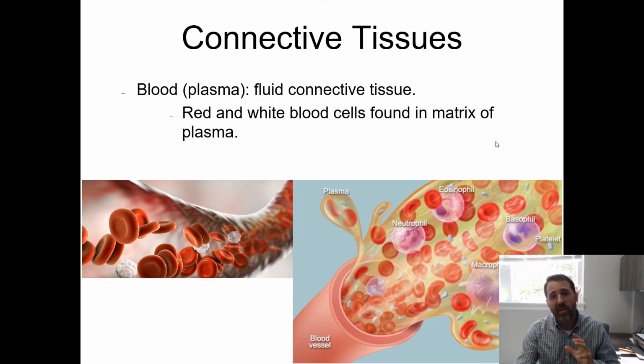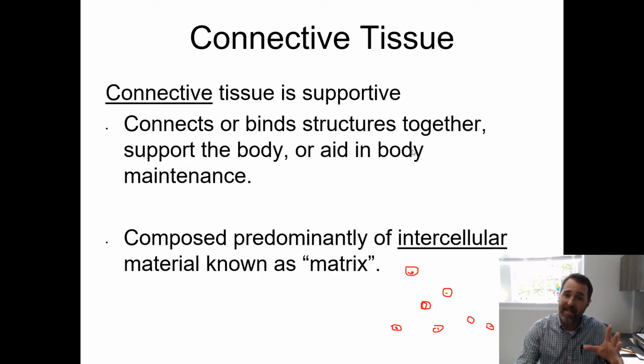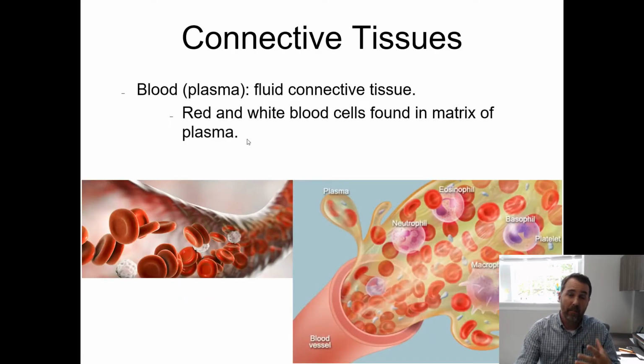Also, we think about blood as being a connective tissue. That sounds counterintuitive, but blood helps the body maintain itself. So here under the definition of connective tissue, or aid in body maintenance. And blood certainly aids in the maintenance of your body. Your body can't survive without blood long at all.